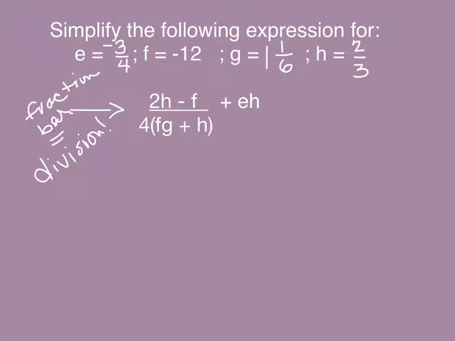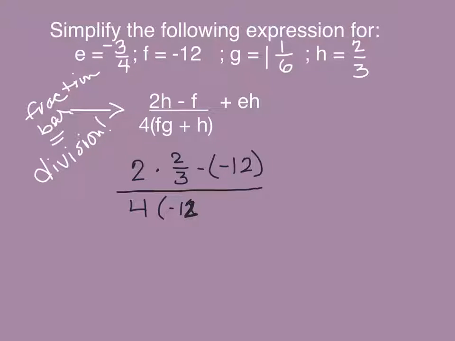So the very first thing I'm going to do is rewrite this. So I'm going to have 2 times h, which is 2/3, minus f, which is negative 12. And all of that divided by 4 times the quantity of f, which is negative 12, times g.